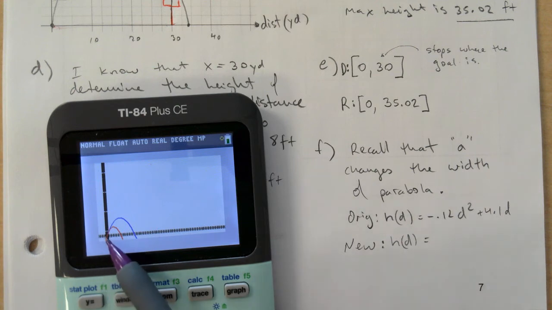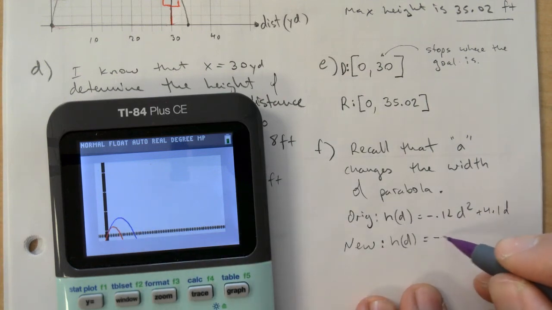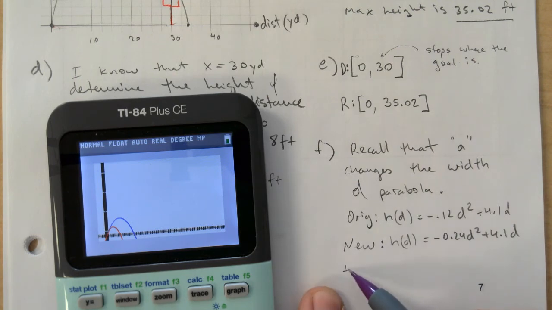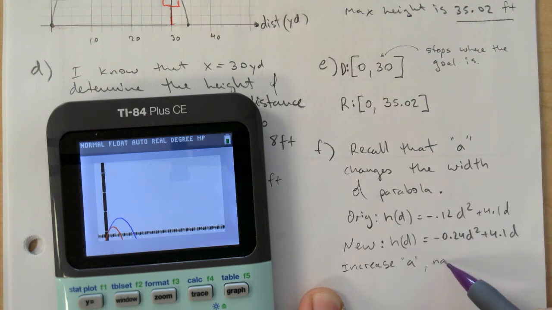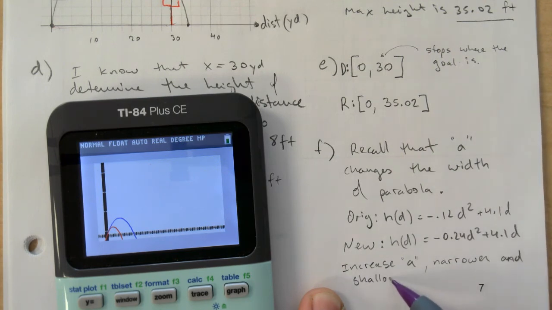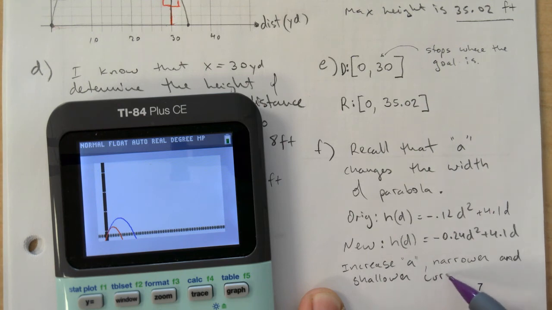There it is. That second one has a lower height than the original. So negative 0.24 d squared plus 4.1 d. Increasing a makes a narrower and shallower curve.